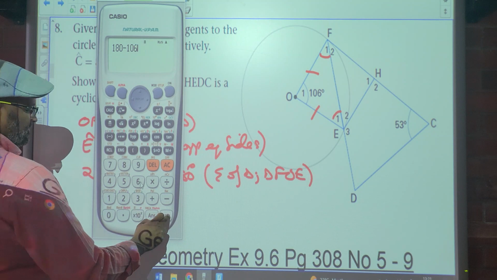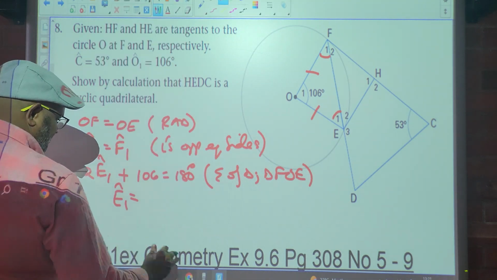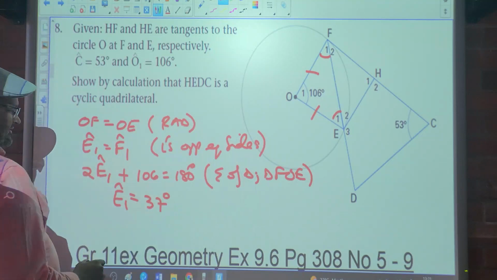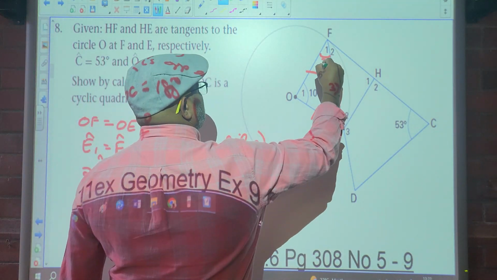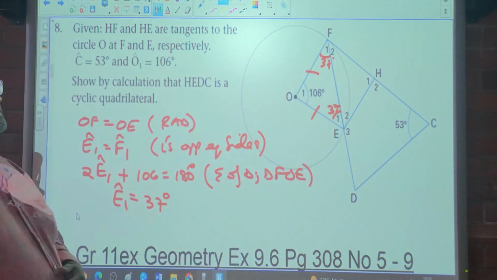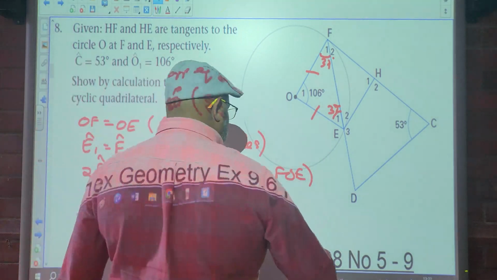which is 74, divided by 2, 37. So that is 37 degrees, and that's also 37 degrees, if needed. I don't need it. But which angle are we interested in? E2.